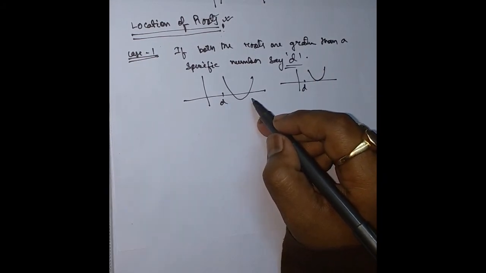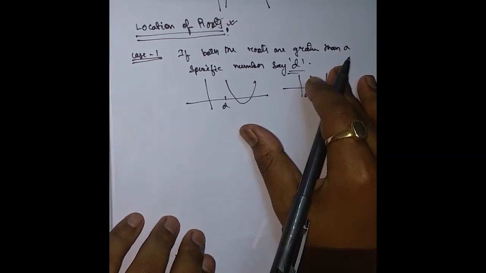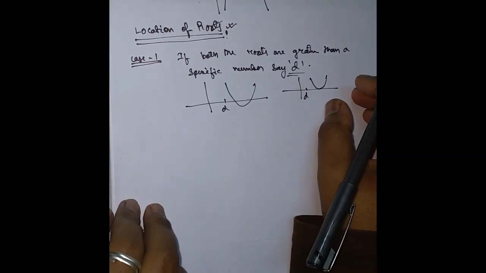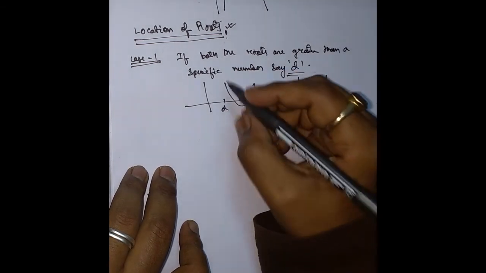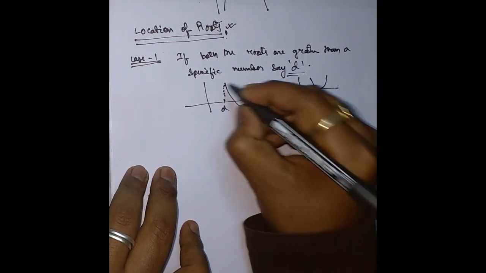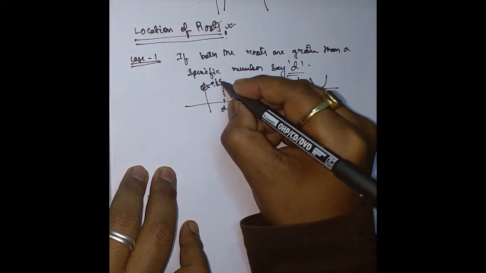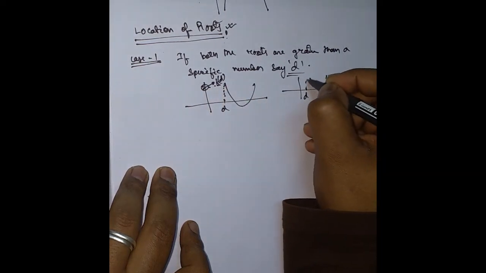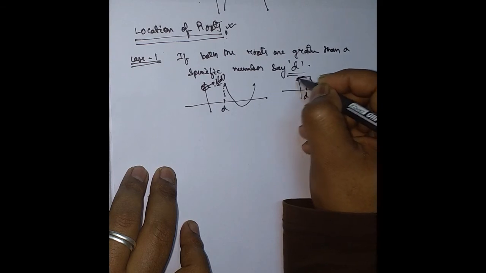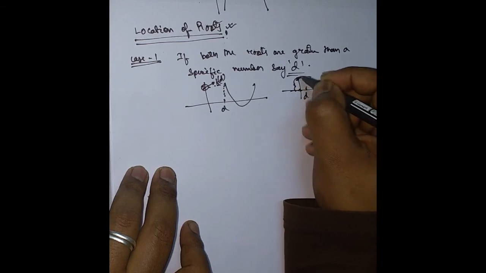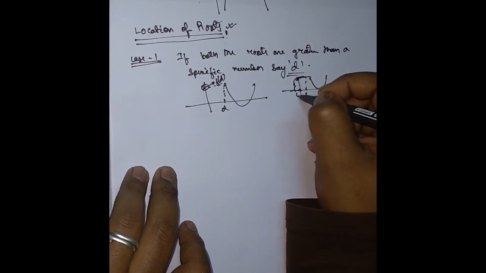Alright, so you should understand at least this. So by seeing this, at f of d, what is the value? I don't know. It is f of d, but what I know is it should be positive, because it lies above the x-axis, above the 0 point.